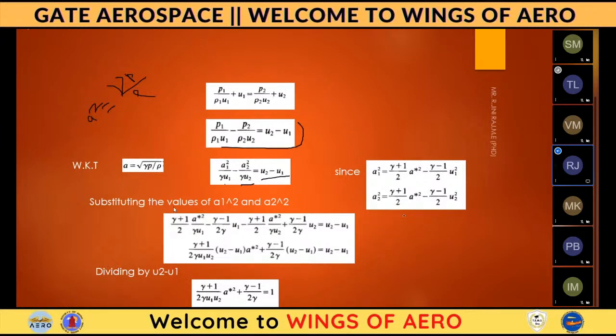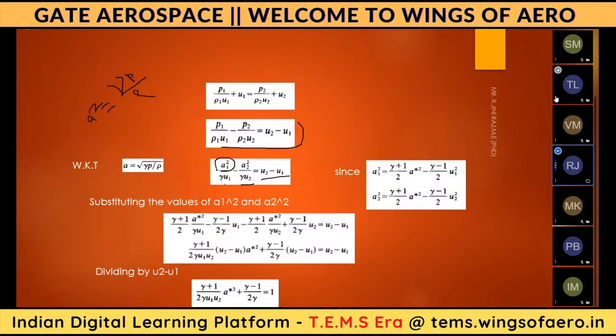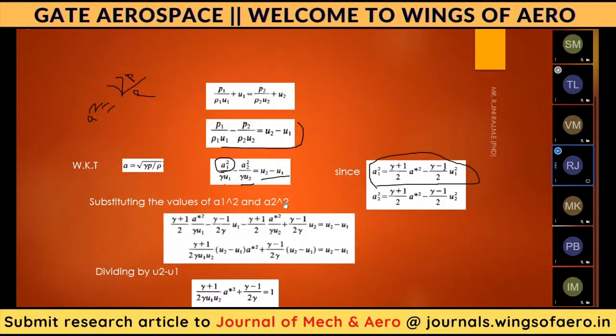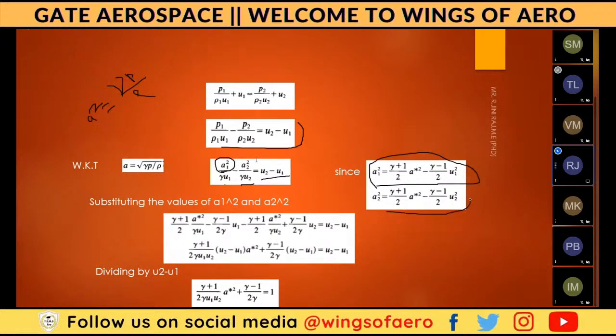We have a formula for values for a1 square and a2 square in the last derivation. I'm showing the values here. That is a1 square equal to gamma plus 1 divided by 2 into a star square minus gamma minus 1 divided by 2 into u1 square. In the same way, a2 square also we are having this equation.